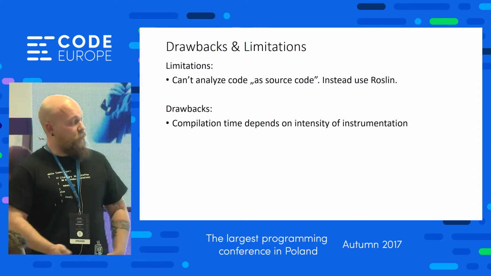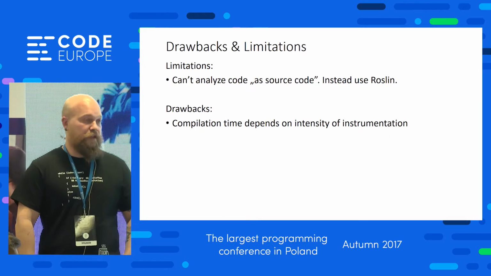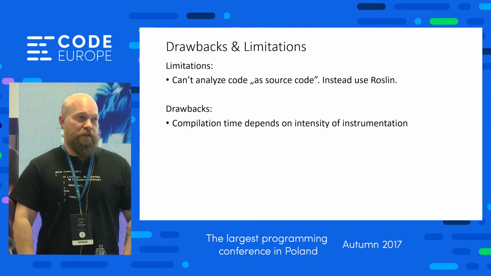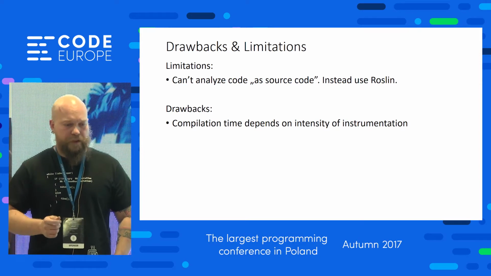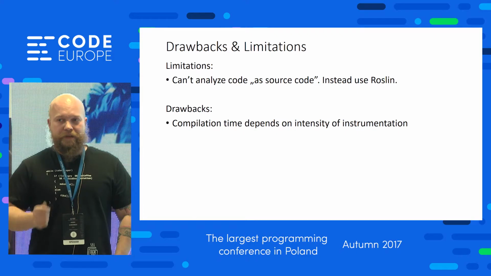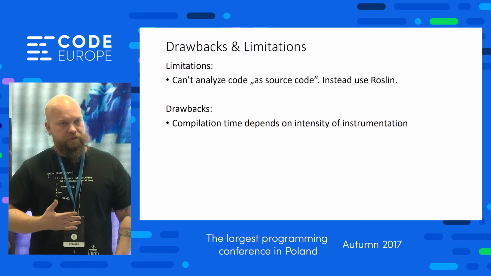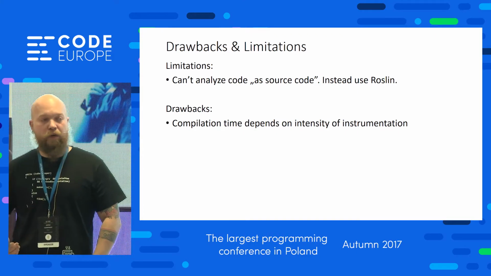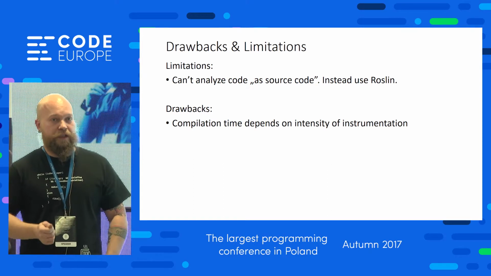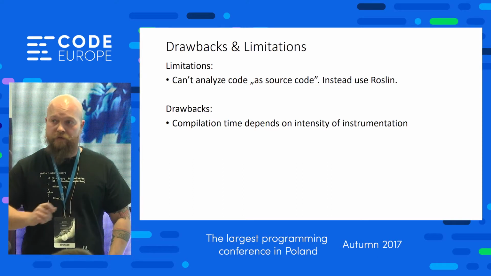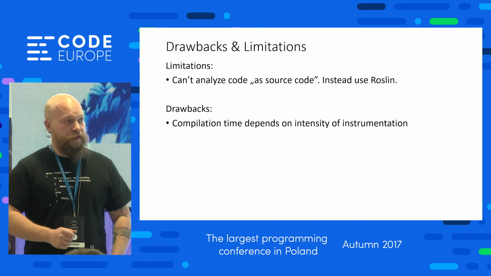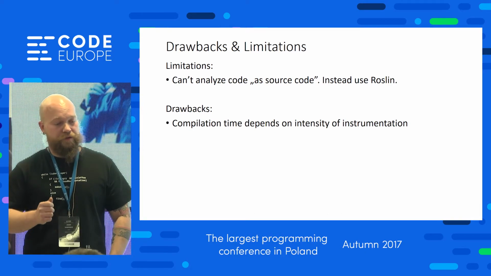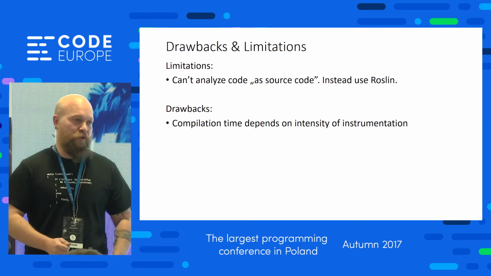And drawbacks, yeah, I mentioned it: compilation time depends on intensity. I remember a story when I wanted to find a bug and I didn't have any idea where to find it. I wrote an aspect to log every method's entry parameters. I spent maybe 15 minutes on it. When I ran a build, it took maybe 10 times more, to be honest.